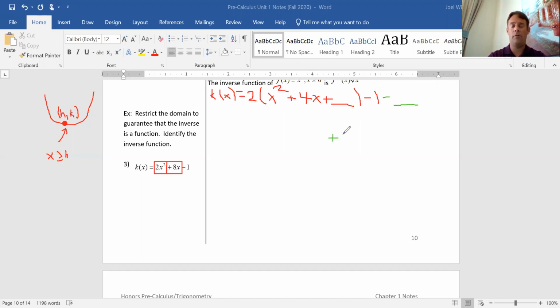Say I add 3. In order to not change the value of the whole expression, I would have to subtract 3, because 3 minus 3 would be 0. So if I'm going to add something, I have to make sure that I also take it away, because I can't change the value of the entire thing. So we're going to complete the square here with this stuff that's in the middle.